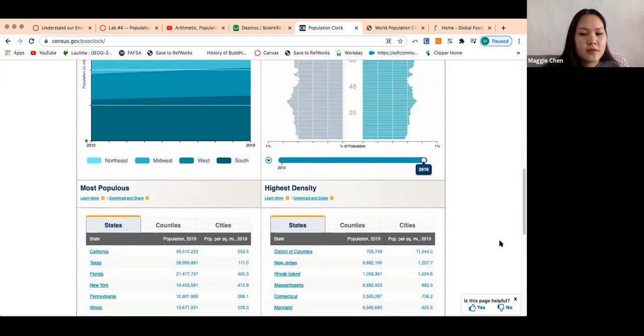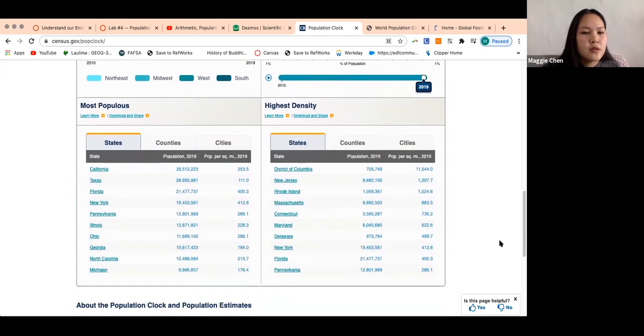If we scroll down too, we can also see the different population sizes of different states, the most populous and the most high density states. The most populous right now at the very top is actually California, where we have around 39 million people.